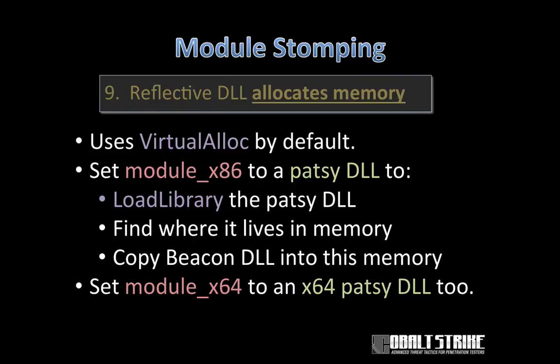It will find where that DLL lives, adjust permissions as necessary, and copy the initialized beacon into it. And that's it. To turn on module stomping, just set module_x86 to the DLL you want the 32-bit beacon to load. And of course, there's a module_x64 for the 64-bit beacon too.